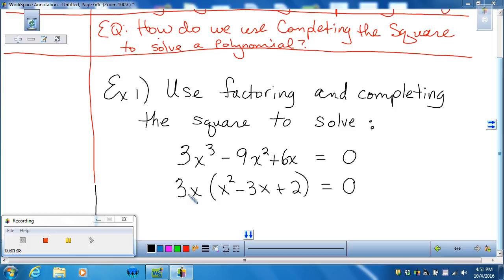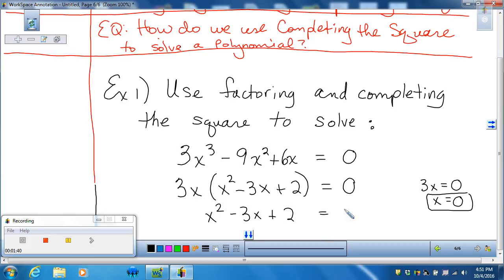So my next step is I'm going to go ahead and solve for this particular root over here. 3x equals 0 is going to be one of my roots or solutions, and we get that x has a value of 0. So we're going to hang on to that one. Now we're going to take the rest of the equation, the x squared minus 3x plus 2, and we are going to complete the square using the rest of that equation.